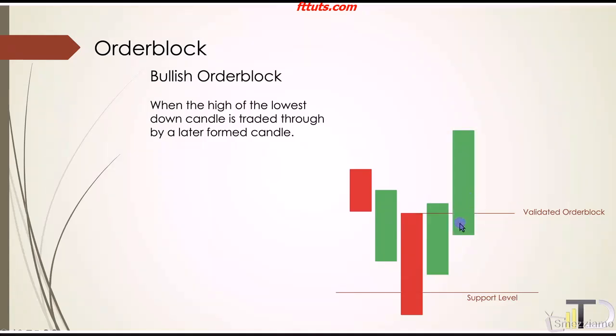Now let's look at the next candle. In this case, it is a big green candle, a bullish candle. So if we look at the price action so far of these candles collectively, what you can think is that when the price was coming towards the support level, the state of delivery was bearish.